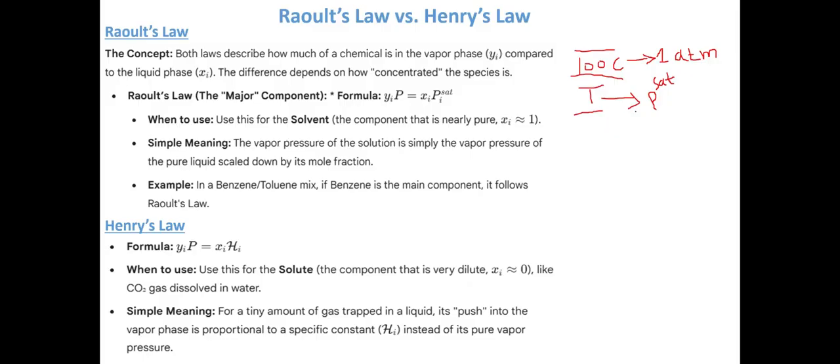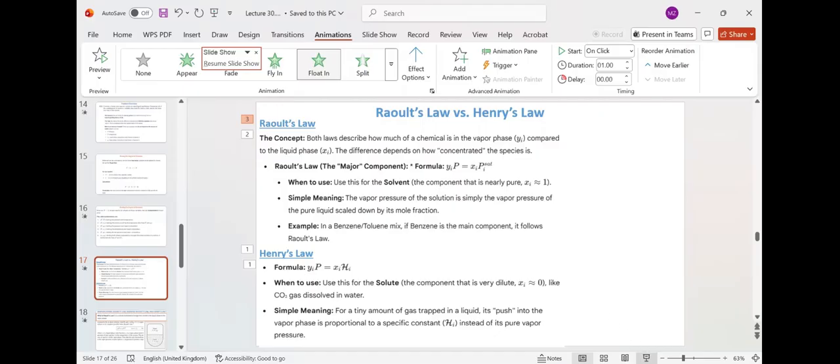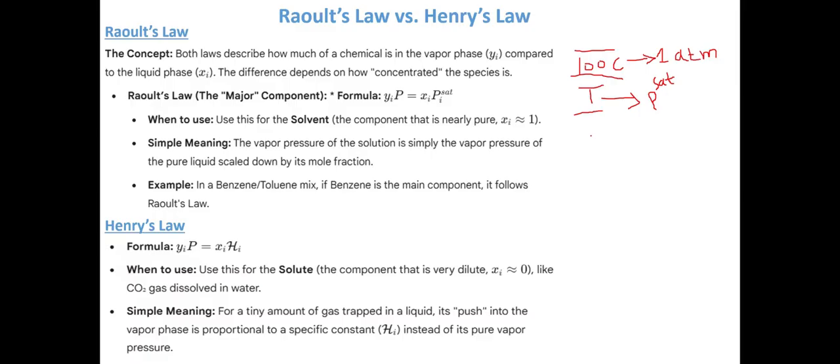Now, if I'm not using water, I'm using something else, the other way to find the saturation pressure is the Antoine constants. You have the Antoine constants A, B, and C. These A, B, C are specially calculated for each component. For example, if you're using benzene, the Antoine constants will be different, and if you're using toluene, they will be different.